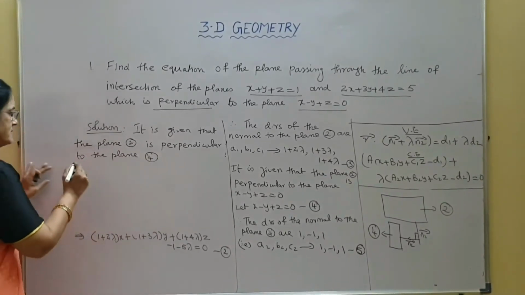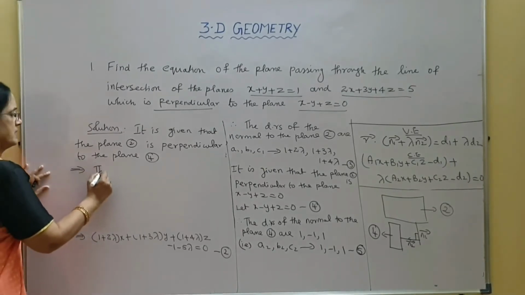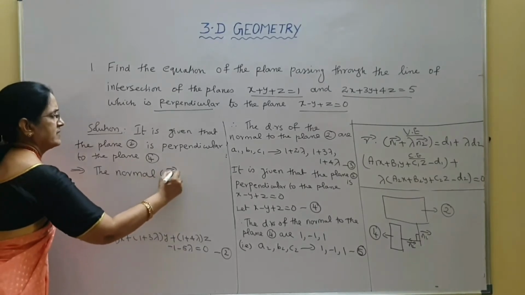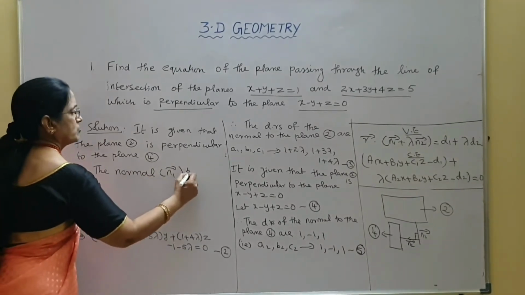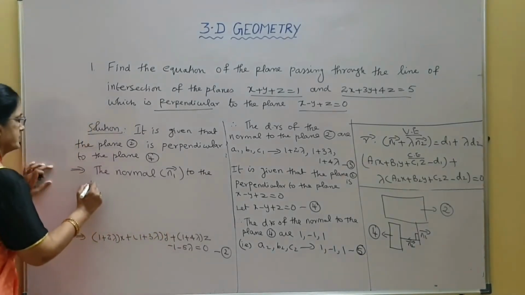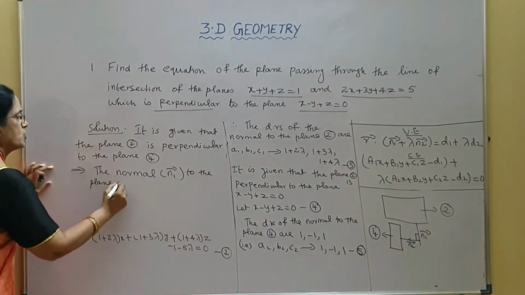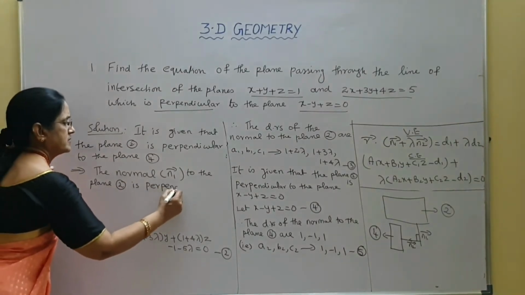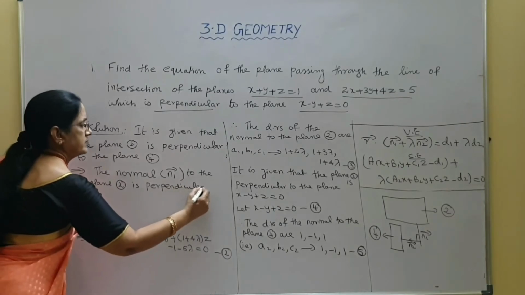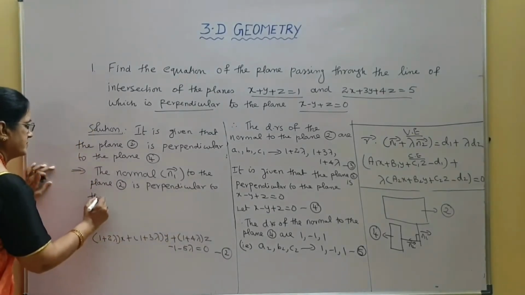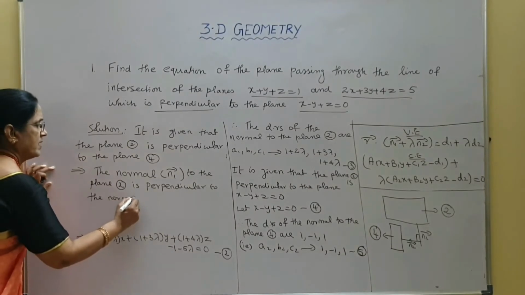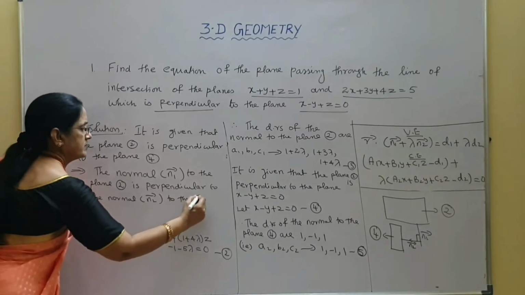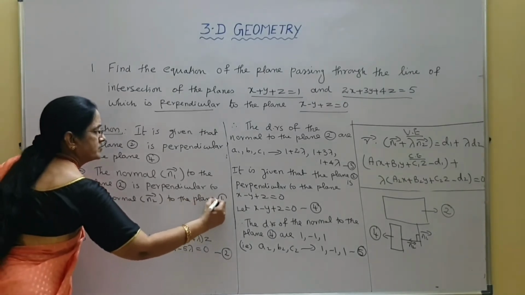This implies the normal, let me take it as n1 vector, to the plane 2 is perpendicular to the normal, let us take it as n2 vector, to the plane 4.